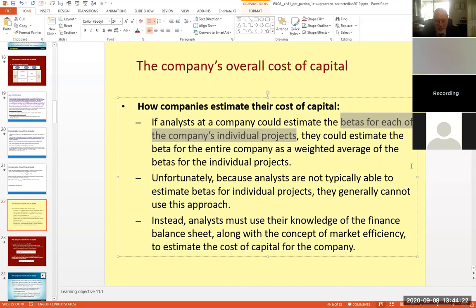Remember when we were talking about the capital asset pricing model, I mentioned that while the betas are worked out from the relative variance of particular investments compared to the performance of the All Ordinaries, you can't really do that for the individual projects within the company.